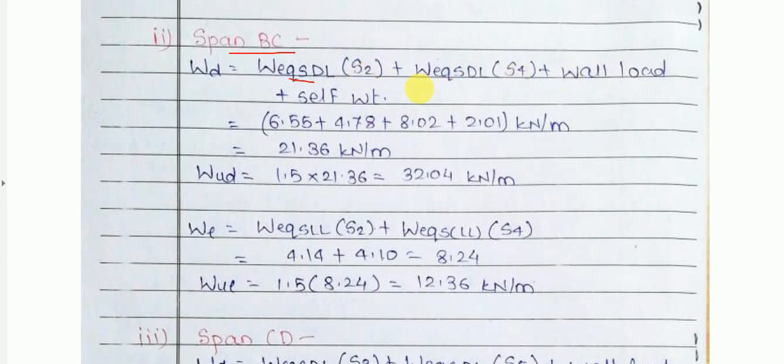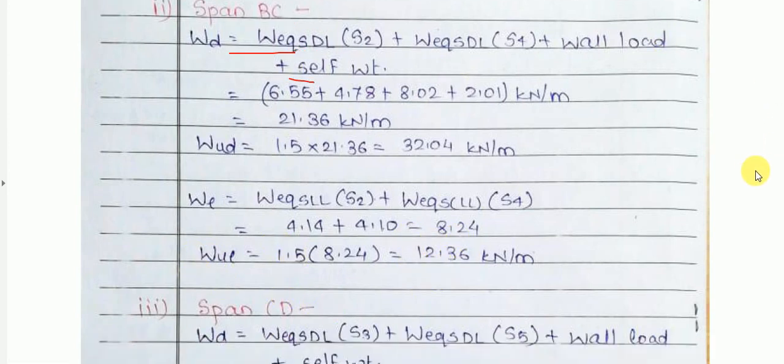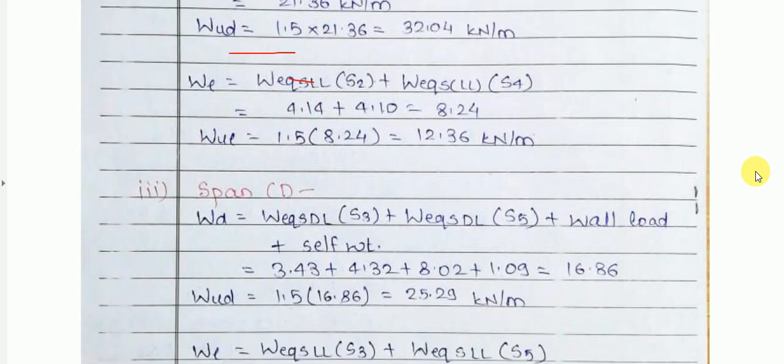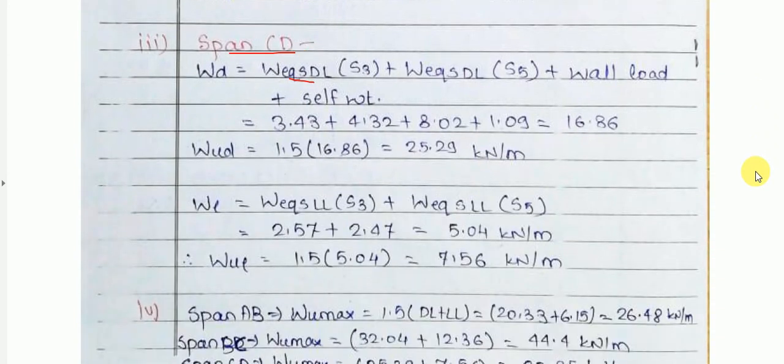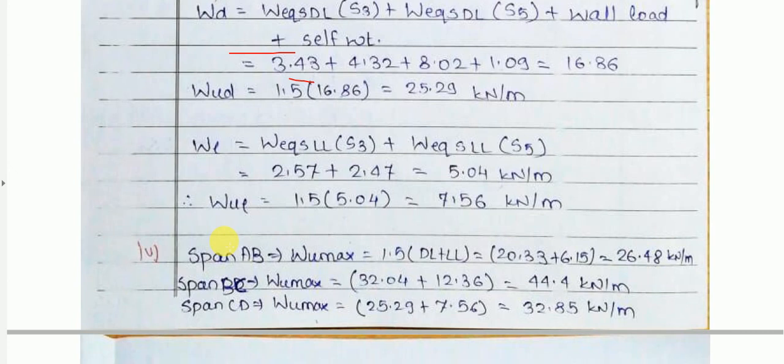This calculation is done, and then the wall load and self weight. Likewise this value is obtained, it is multiplied with the load factor, and then the ultimate value is obtained. Similarly for live load. And the same calculations are done for span CD, and accordingly the ultimate values are obtained. Then the maximum loading is calculated for all the three spans, that is 1.5 into dead load plus live load. So here we have got these maximum values.